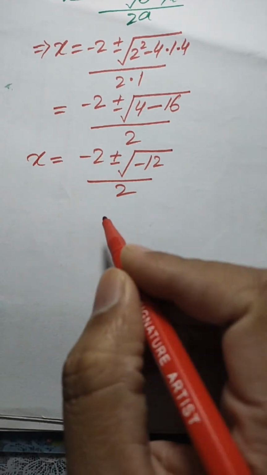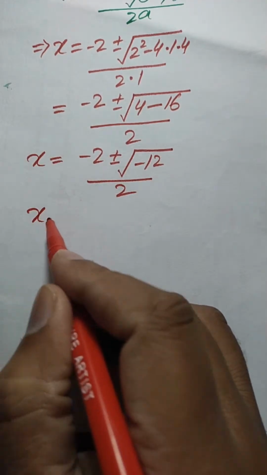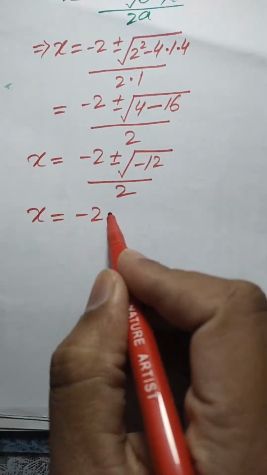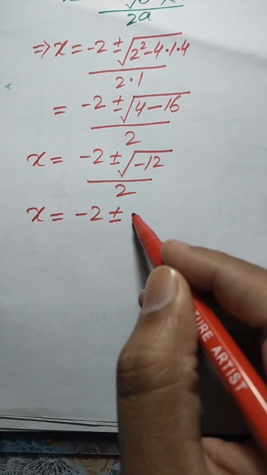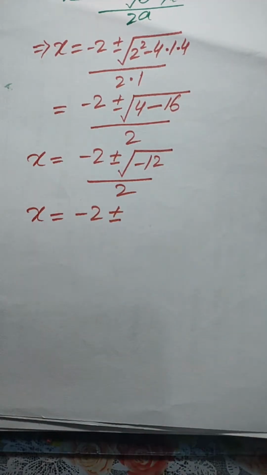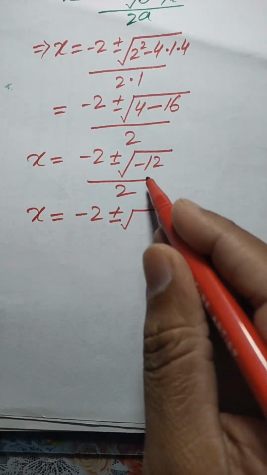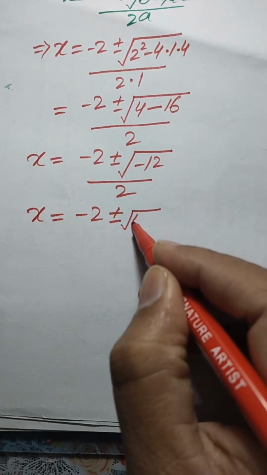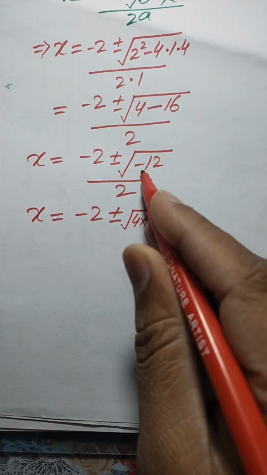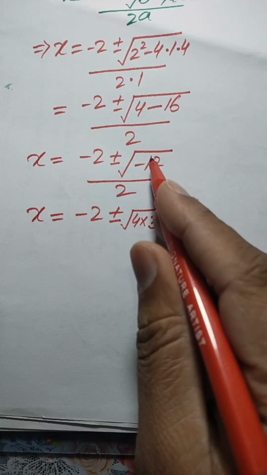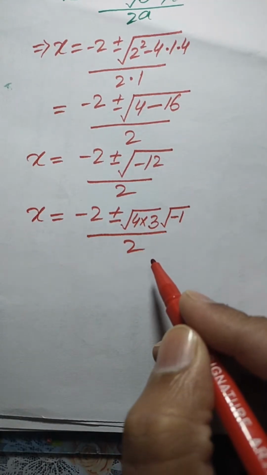Then x is equal to minus 2 plus minus, here we need to apply the square root separately on both of these two values. We break this 12 and write it as 4 times 3, and we apply a separate square root on minus 1, divided by 2.